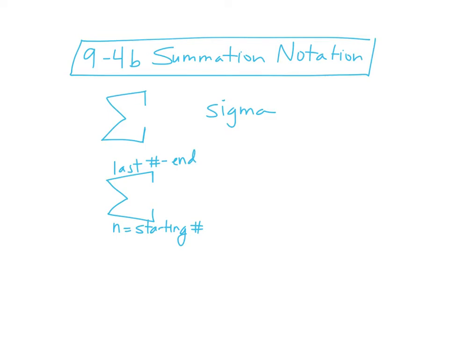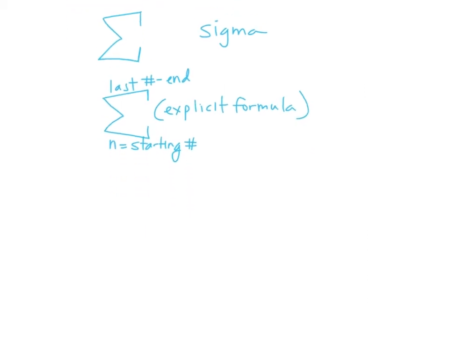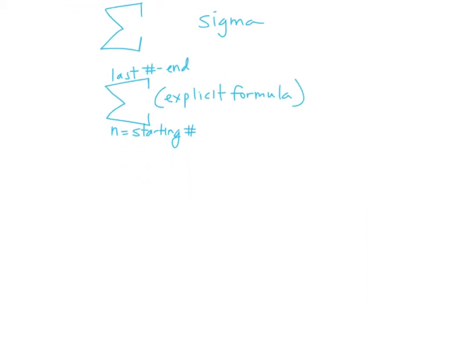End term, that is, not the end value. So then here, we're going to put an explicit formula. And this maybe looks not like the simplest thing right now, but once you see how we set this up, I think it'll make more sense to you. Here's what we do.